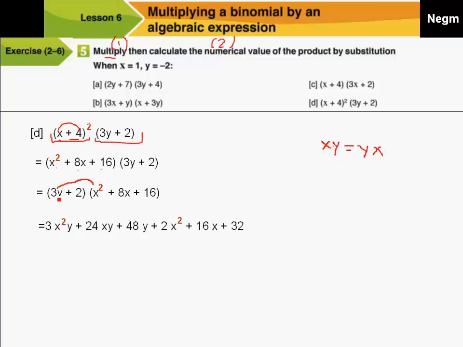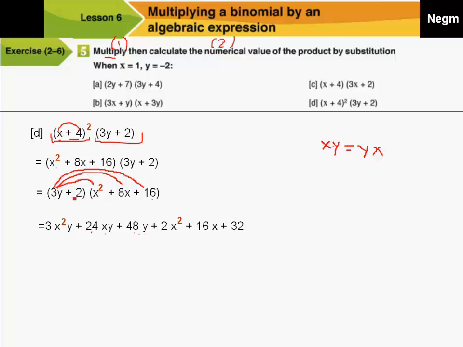So here 3y multiplied by x squared is 3x squared y, plus 3y multiplied by plus 8x: 3 times 8 is 24, y times x is xy. Also 3y times 16: 3 times 16 is 48, y times nothing is y.